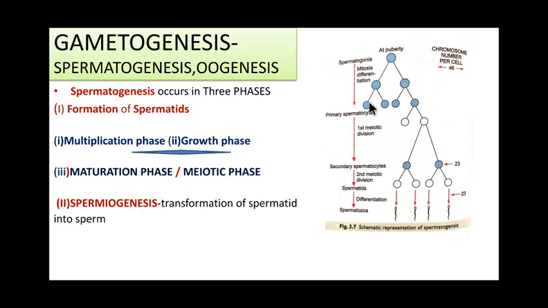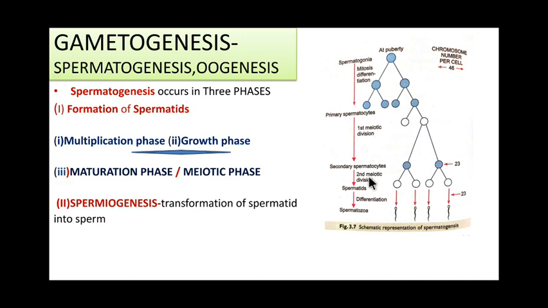Now here you can see spermatogonia undergoing mitosis. Whatever spermatogonia are present on the inside wall of the seminiferous tubule multiply by mitotic division and form primary spermatocytes. This primary spermatocyte is diploid in nature. It then undergoes the first meiotic division to form two equal haploid cells, that is, secondary spermatocytes.